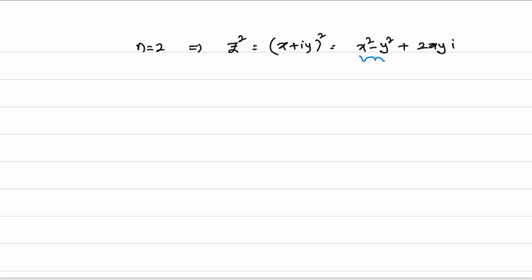This part is real, this part is imaginary. What does x square minus y square represent? Let us say x square minus y square is some u, and 2xy is equal to some v, then z square is equal to u plus iv. This is the transformation.